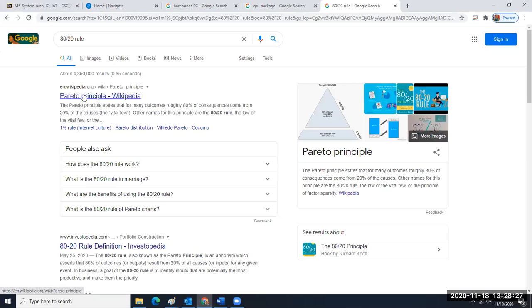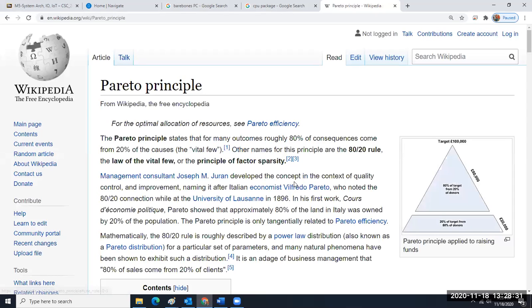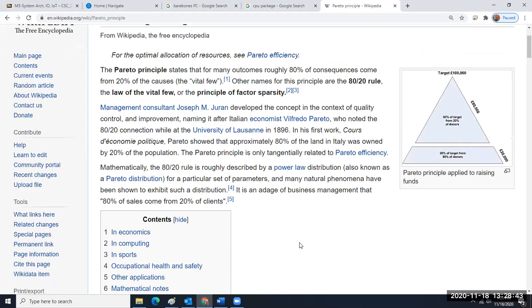Then there's the Pareto principle. You're going to find different names for this concept, but basically the whole idea is this efficiency ratio comes up over and over again.